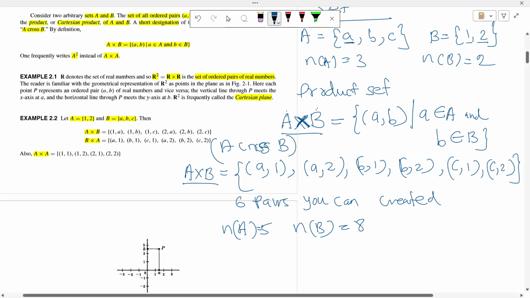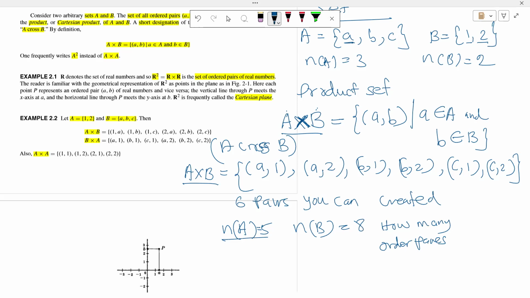Then it's very difficult to write all the ordered pairs. Maybe you can, but what we need to do, without writing, is find out how many ordered pairs we can create by using these A and B.